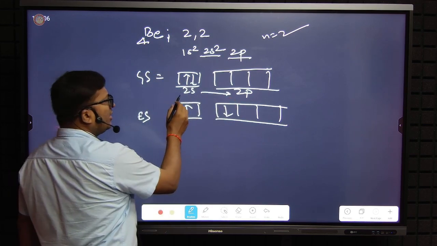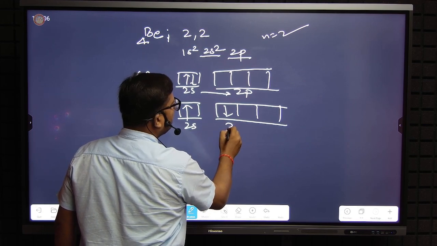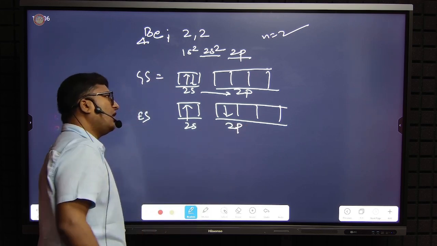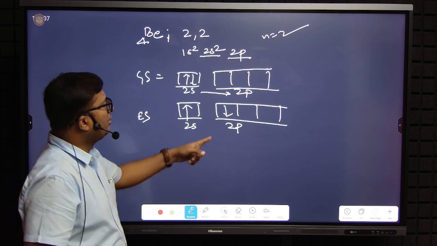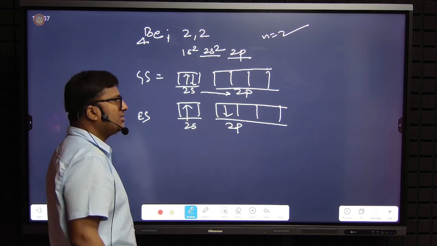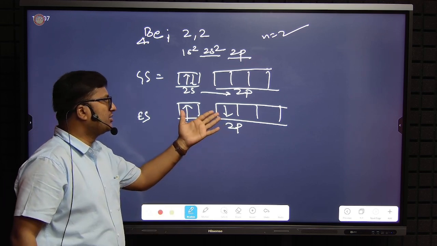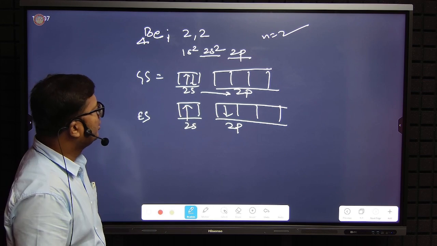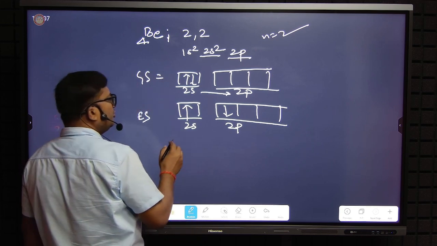So one electron is promoted to the p orbital. Here one electron is in the s orbital, one electron is in a p orbital. Any of the p orbitals can accommodate this electron. So what hybridization do you expect here?